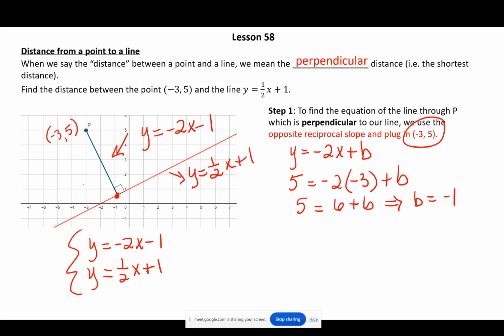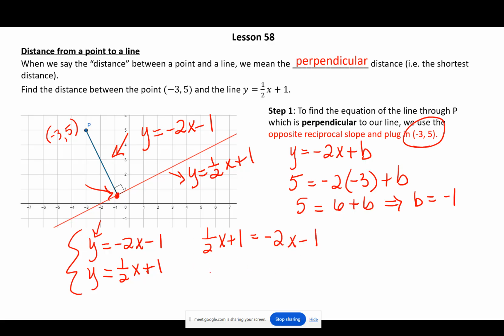So to figure out this point right here, I need to solve that system of equations. And to do that, I'm going to use substitution. y equals 1/2 x plus 1. So therefore, if I plug that into this equation right here, I'm going to have 1/2 x plus 1 is equal to negative 2x minus 1.